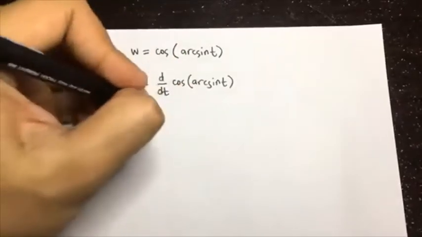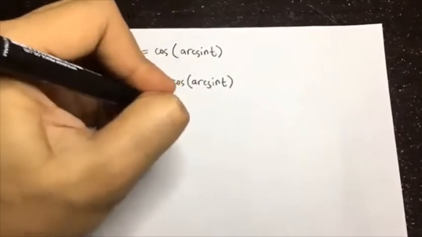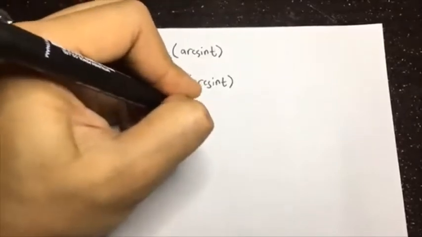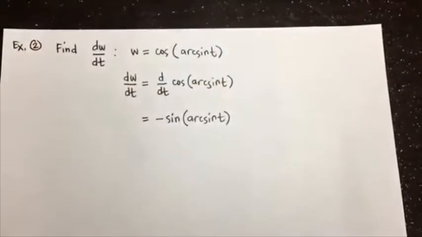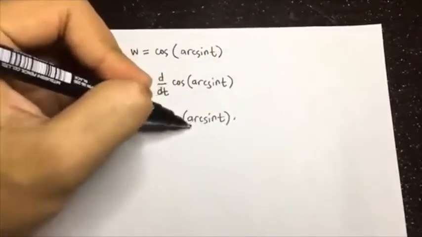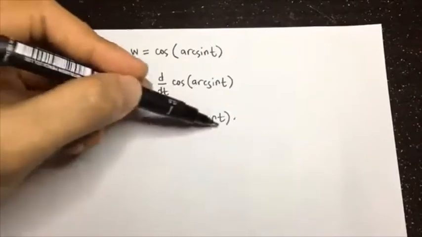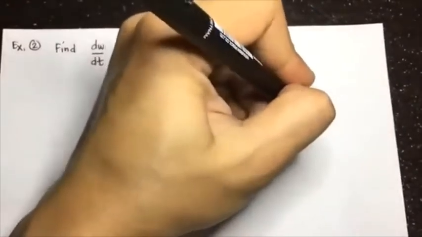So it will become negative sine of arcsine of t, multiplied by the derivative of the function inside the trigonometric function, which is the derivative with respect to t of arcsine of t.